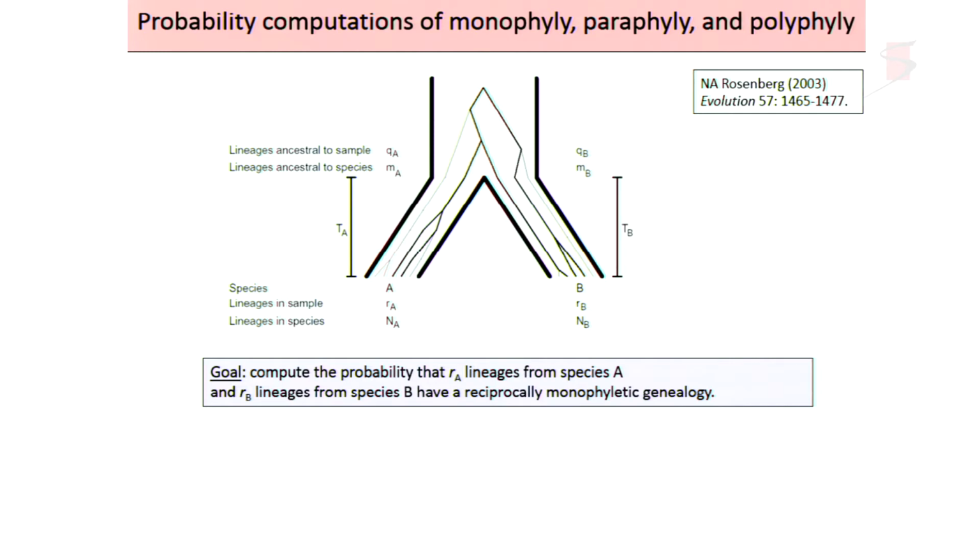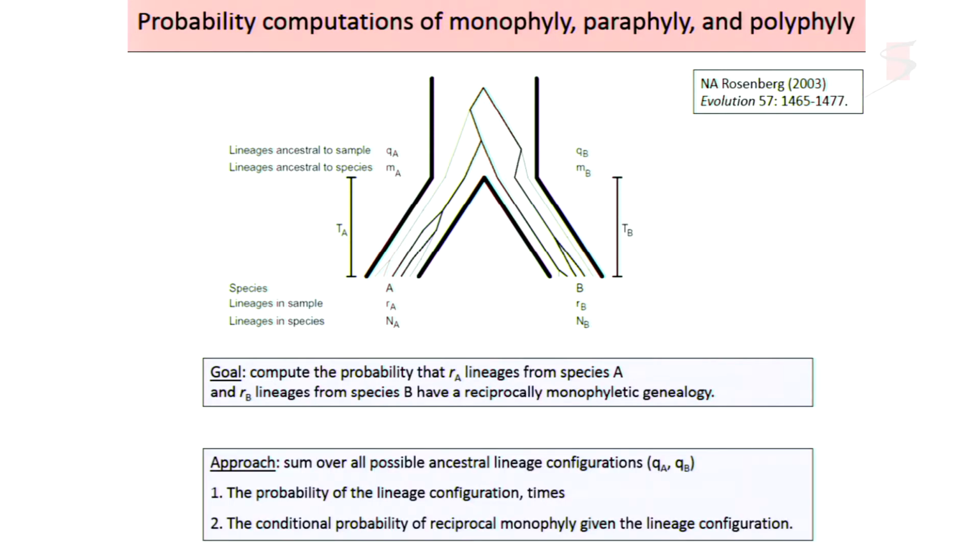So the goal here is, if we just choose one out of the four shapes, reciprocal monophyly, the goal is to compute the probability that a set of lineages sampled from species A, and this boldface represents the sampling, and these gray ones are the ones that are not sampled, and a sample from species B are reciprocally monophyletic. And the approach for computing that probability is to sum over all possibilities for what configurations of random lineages are present at this species divergence.